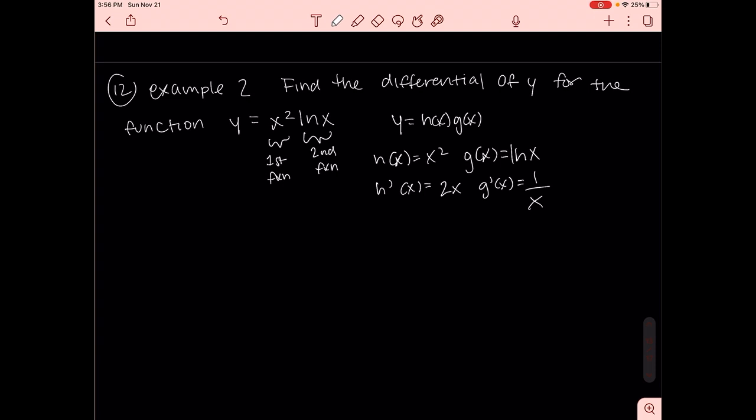So we know that dy over dx is going to be equal to h prime of x times g of x plus g prime of x times h of x. And this here is just the product rule.